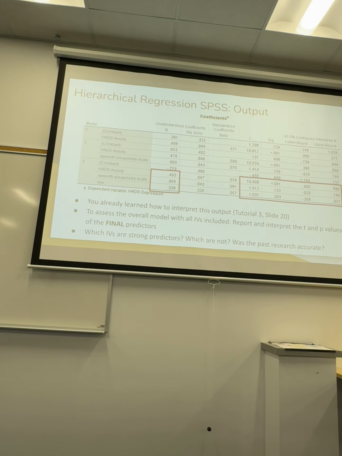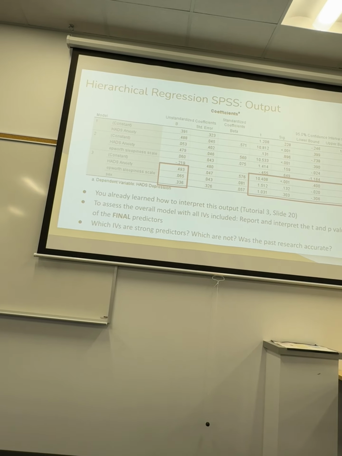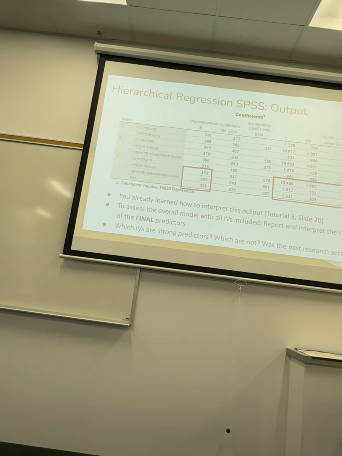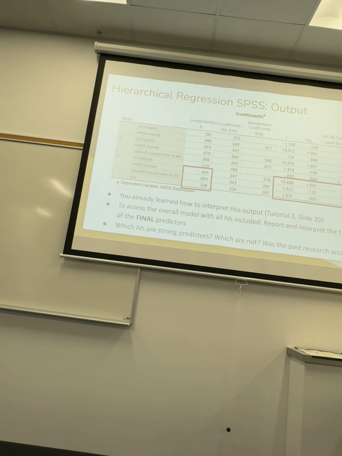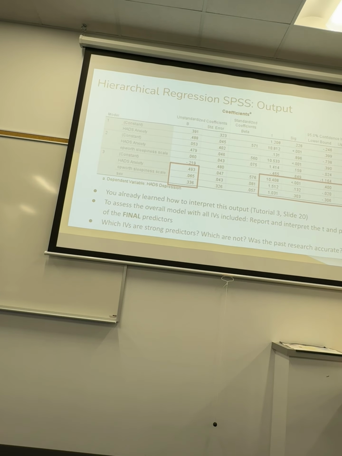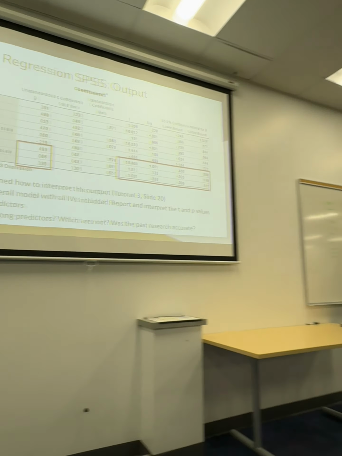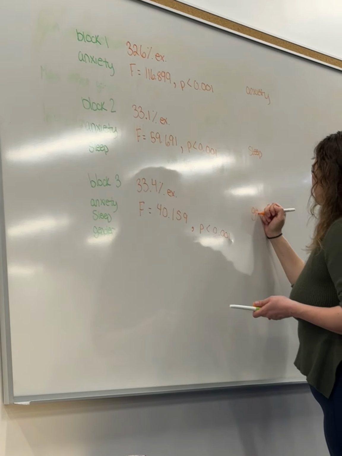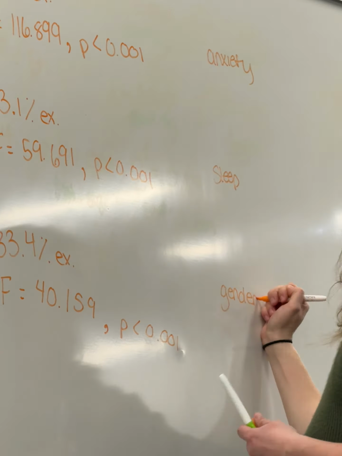So basically, the first thing you want to do is look at your t-value and significance, right? We're only reporting model 3, so I'm going to split it up into each variable. Is that cool for everybody? So we have anxiety, sleep, and gender. All right.